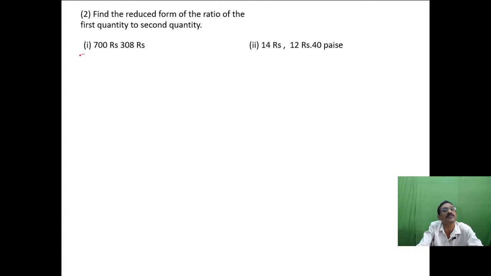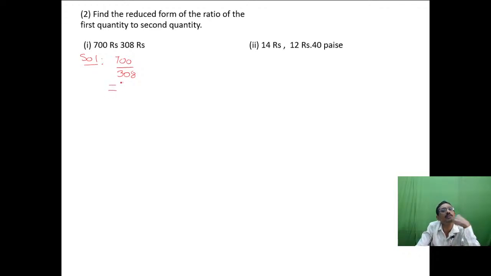So let's start with the first one. Solution. Okay, here, what is the first quantity given to me? 700. What is the second quantity given to me? 308. So I wrote it in a proper form, right? Now to get this, we have to think about a table where we can get the factors of this.